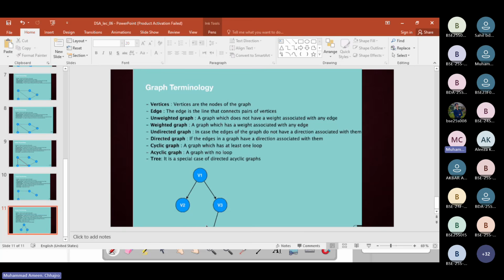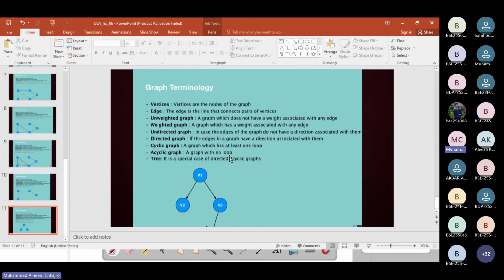So these are the wonderful terminologies of graph data structure. Just repeating: if you have been asked to create the graph data structure and define the following terminologies with example, then I hope you can design that.